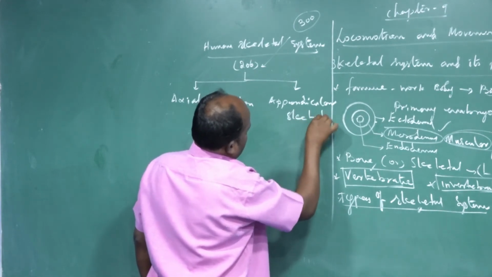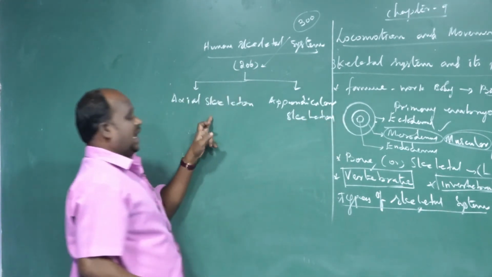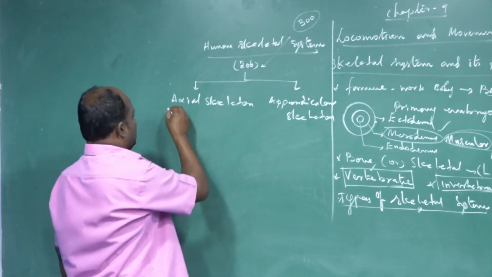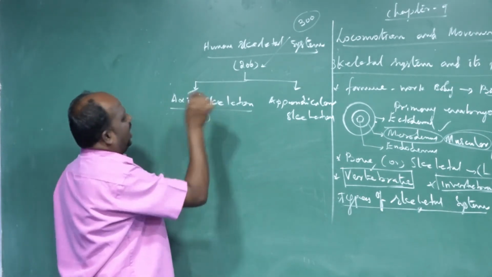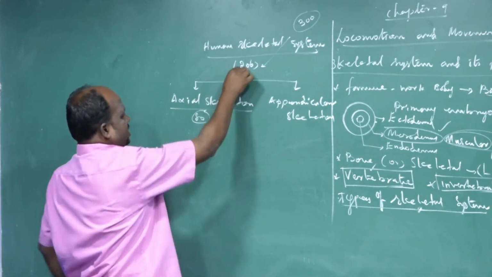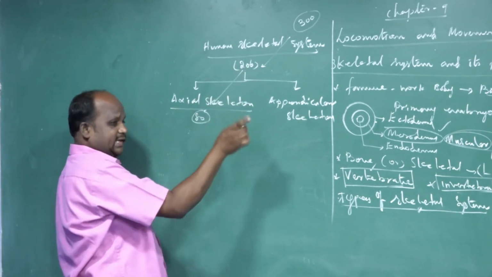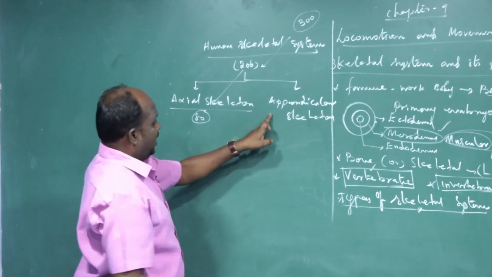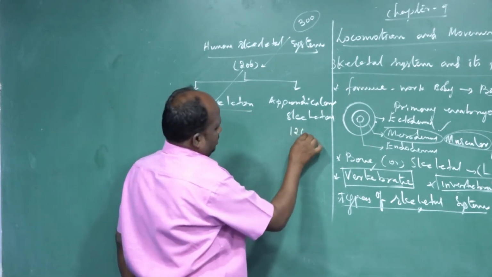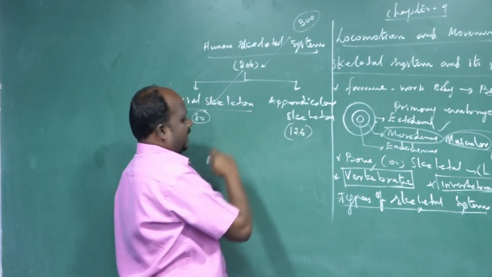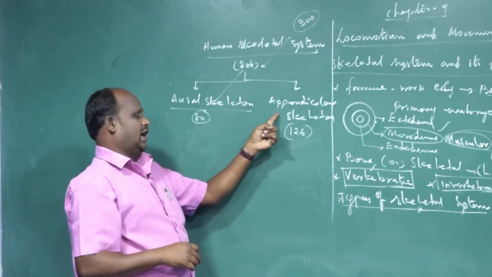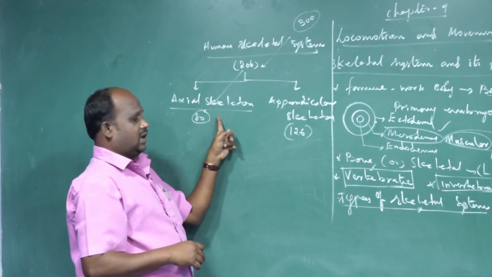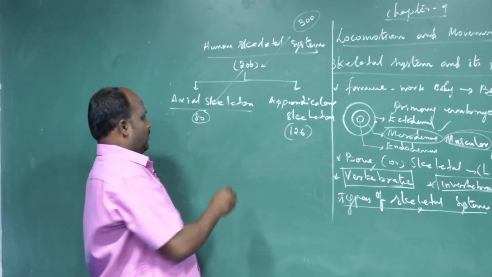The axial skeleton is 80 of the 206 bones, and the appendicular skeleton is 126. Don't worry, I will explain which bones they are, why one is called axial and the other appendicular, and which parts belong to each.